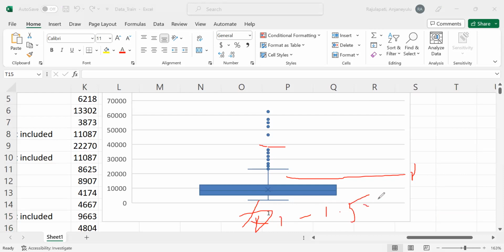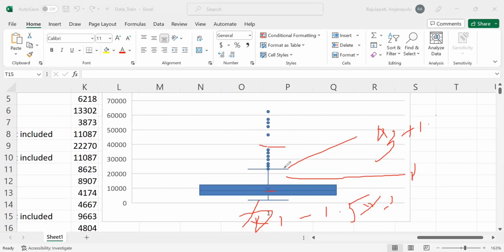That's what I explained yesterday, right? Yes or no? And this is exactly your median value. And this is Q3 plus 1.5 IQR. And last we have the max value.